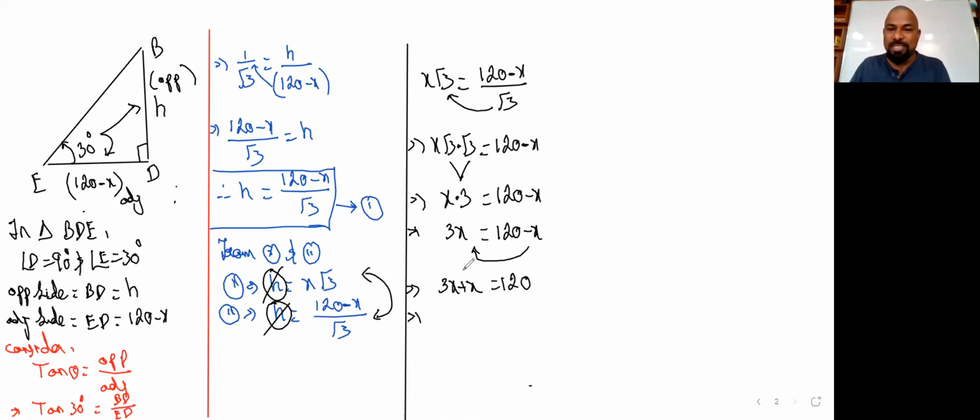So 3X plus 1X, totally 4X is equal to 120. And X is equal to, here 4 is multiplying. If it goes to the other side, it divides. 120 by 4. If you cancel it, it's nothing but X is equal to 30 meters.